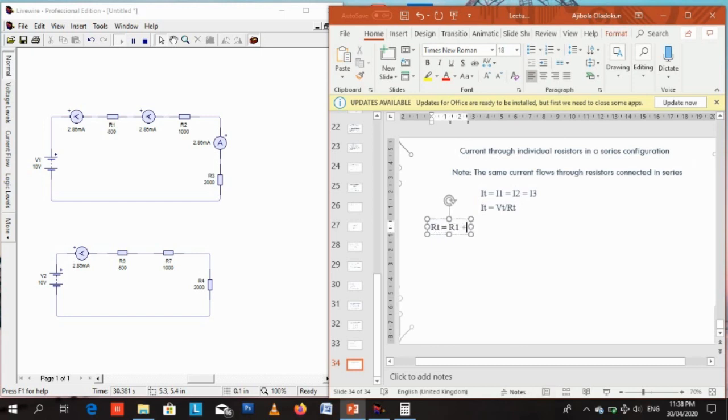So RT, how do we get RT? How do you get total resistance? Remember that for series resistors, total resistance RT equals R1 plus R2 plus R3. Just add them together. If they are in series, just add all the resistors together directly. R1 is 500 ohms, R2 is 1000 ohms, and R3 is 2000 ohms.